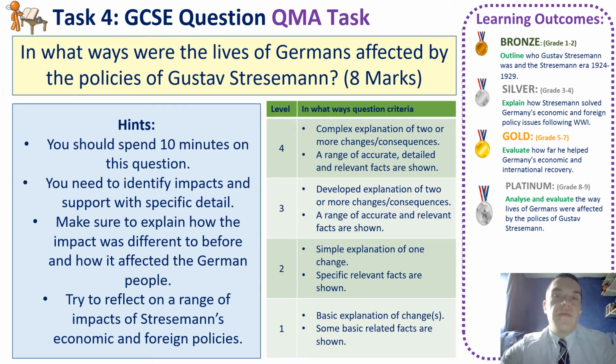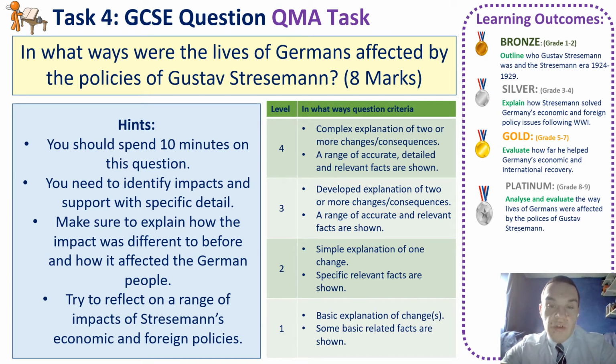So, in what ways were the lives of German people affected by the policies of Gustav Stresemann? As you're doing this, remember you've got all the worksheets that you've already done and marked yourself, and if you need to, you can go back and re-watch sections. We've got our writing structure down one side.